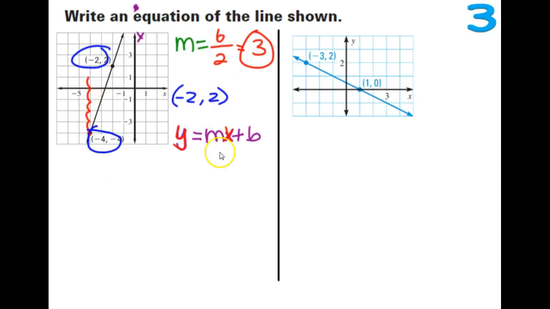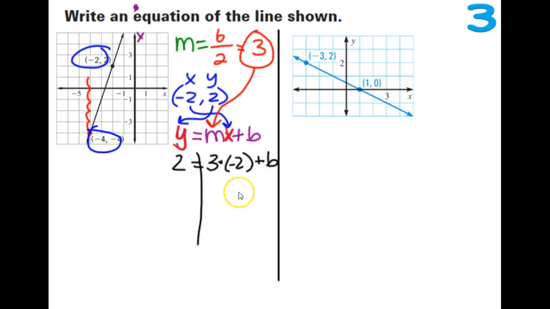We're just going to use one of our 2 points. So remember x and then y. So this goes in for x, this goes in for y, and then our slope we're going to plug in right here is 3. So we have y, which is 2, equals our slope, which is 3, times x, which is -2, plus b. So 3 times -2 is -6.